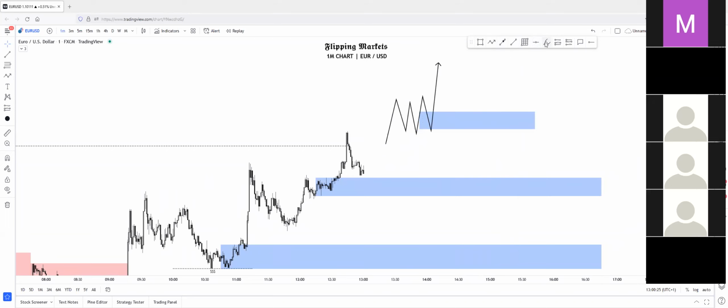So this is a 15-minute zone, and let's say price creates a 15-minute liquidity sweeping wick with this movement. Knowing there's liquidity under this demand zone, and price has created a liquidity sweeping wick just to sweep this liquidity from below the demand zone, that won't be a break. That will be just a liquidity sweep.